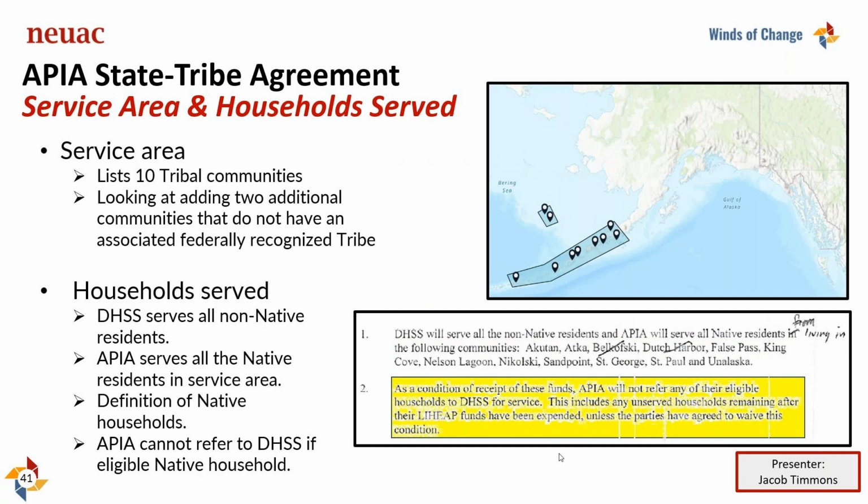Another section in here, and I was interested to hear that Washington will serve those Native households if they've run out of funding. We have a stipulation in our state tribal agreement that we are not allowed to refer households over if we run out of funding. So it's interesting to see that, and it's always a learning opportunity at conferences like this.